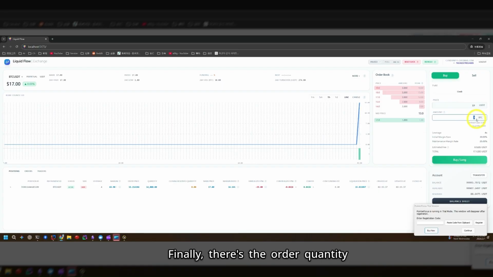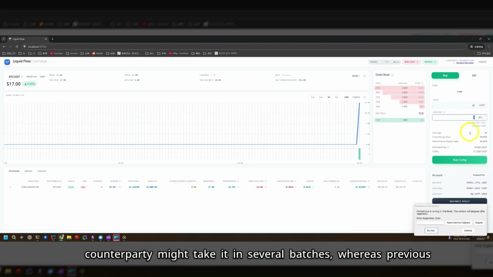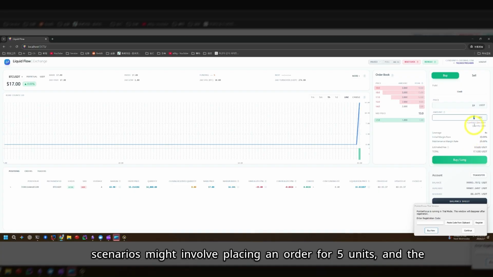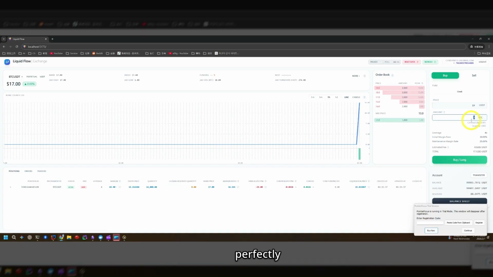Finally, there's the order quantity. For example, they may place an order for 5 units and the counterparty might take it in several batches, whereas previous scenarios might involve placing an order for 5 units and the counterparty also taking exactly 5 units, a scenario where it matches perfectly.